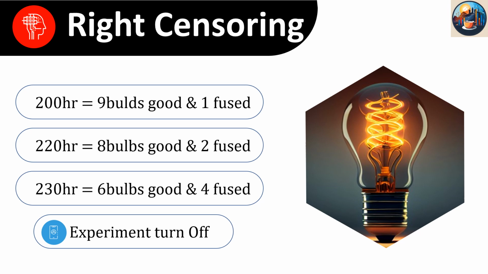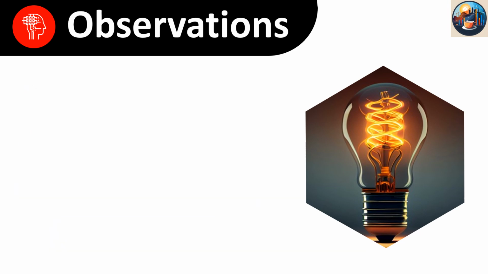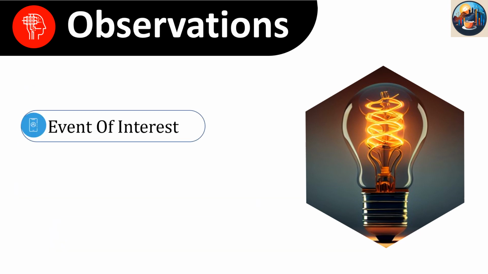After understanding this experiment, we can easily conclude some observations. First is the event of interest. In this case, the event of interest is the failure of light bulbs. To be noted, the event of interest definitely occurs after the study was conducted.